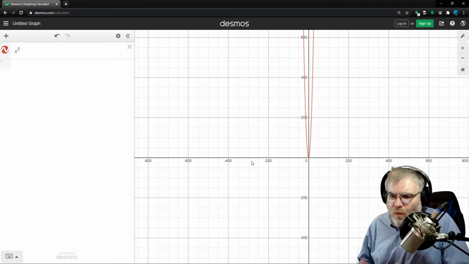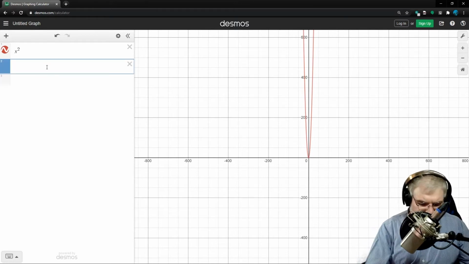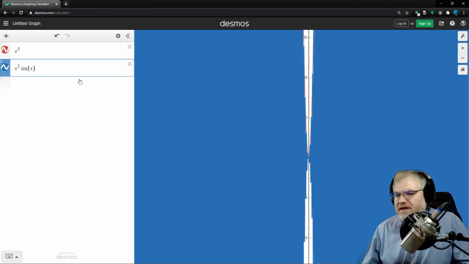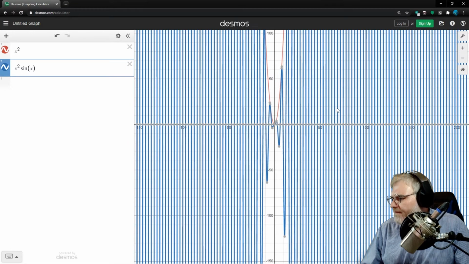We also don't want some things. We want x squared times sine of x to not have an infinity. So if I do x squared times sine of x, I don't want this to have a limit, right?